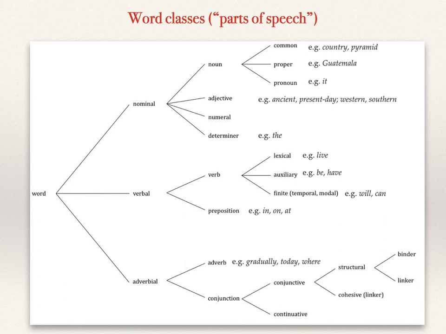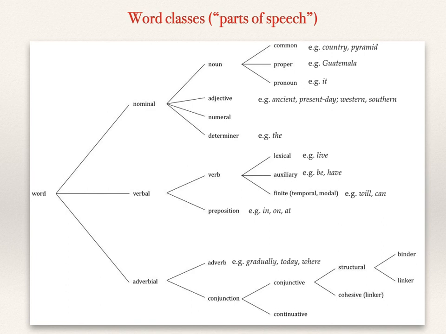Adjectives name the qualities of time periods or of regions: western, southern. Determiners: the best known ones are the so-called articles from traditional grammar, the definite article the and the indefinite a, an, but they're in fact just a couple of members of the more general class of determiners.